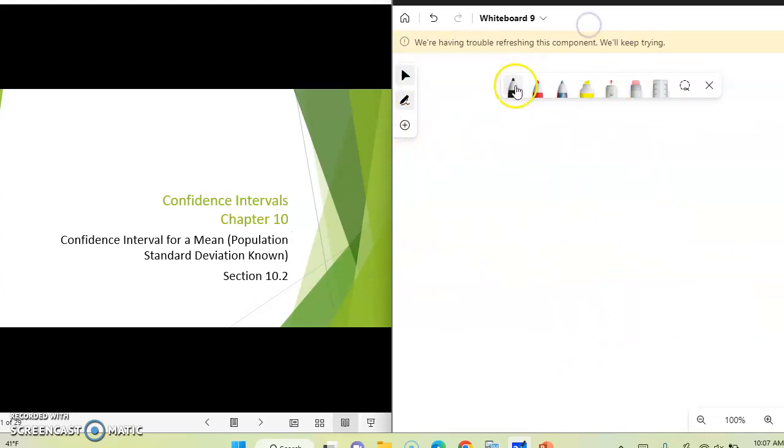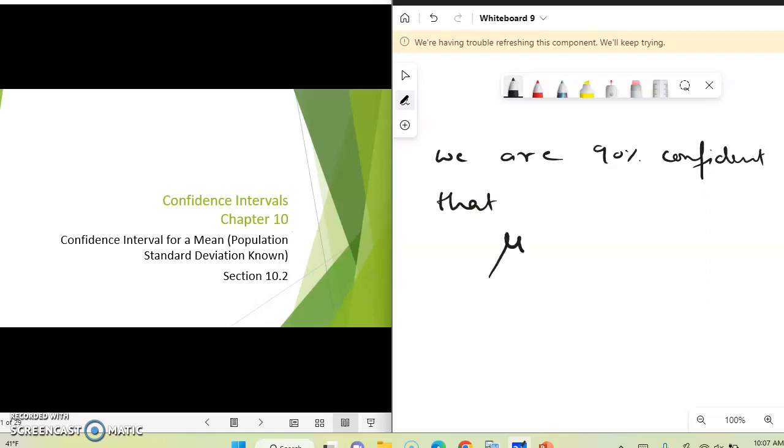Now, instead of just estimating the mean, it's even better to say that we are, say, 90% confident that the population mean will lie in a particular interval.